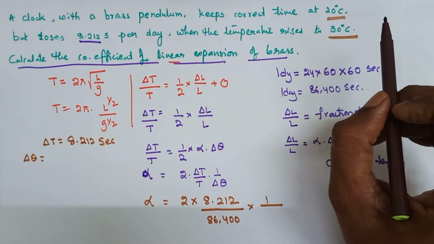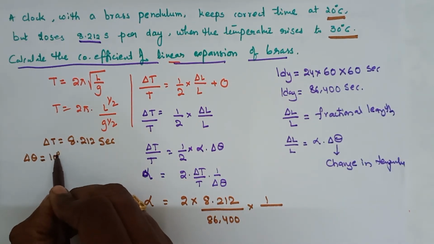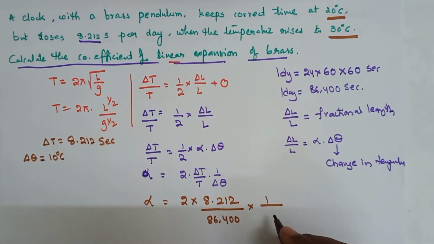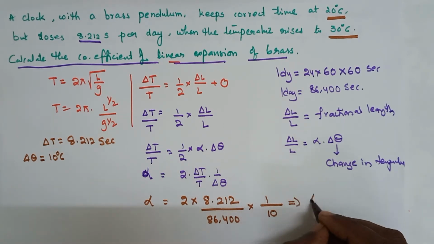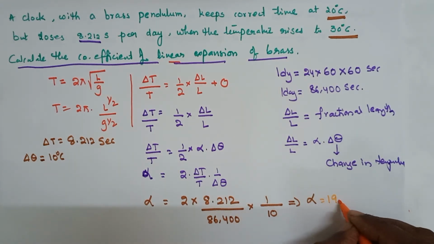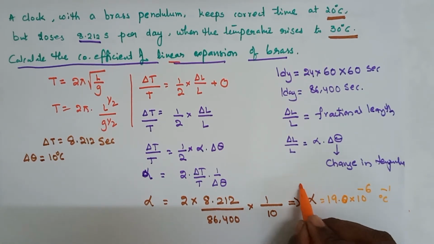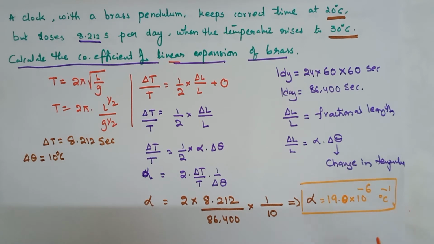Initial temperature is 20 degrees Celsius. 30 minus 20, which is 10 degrees Celsius. After doing all the calculations, the alpha value is around 19.06 into 10 power minus 6 per degree centigrade, or per degree Kelvin, whatever it is.